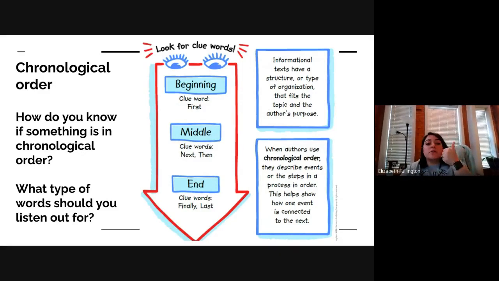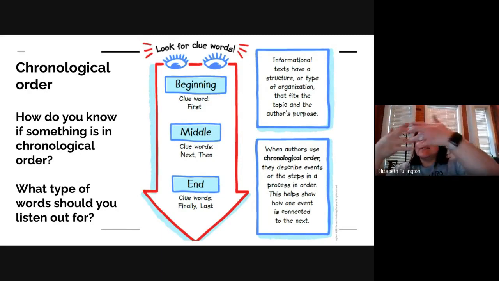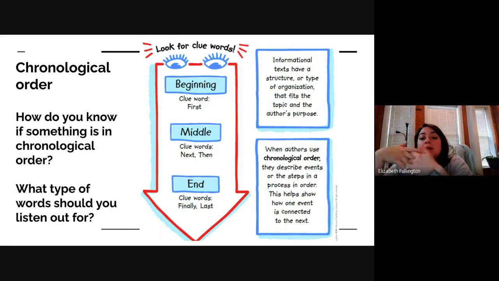So those are the clue words that you might be looking for in an expository passage. That will probably be the best place to find them because they're telling you step by step. So when we do chronological order, we want to make sure those events connect and make the beginning, middle, and end. Because if we break those pieces apart, the story wouldn't make sense.